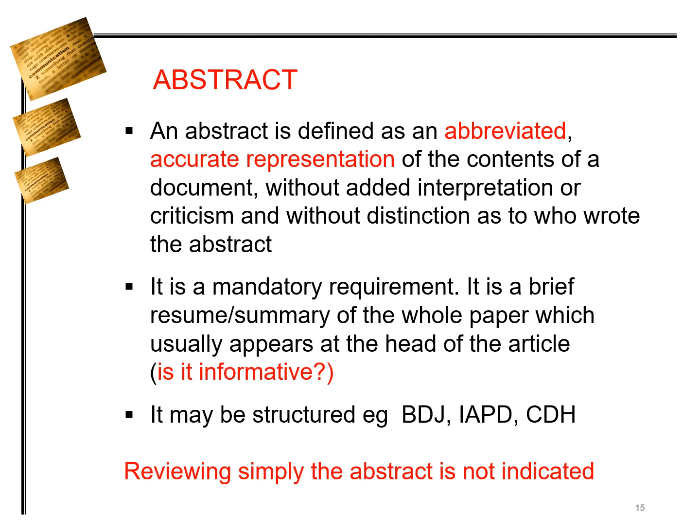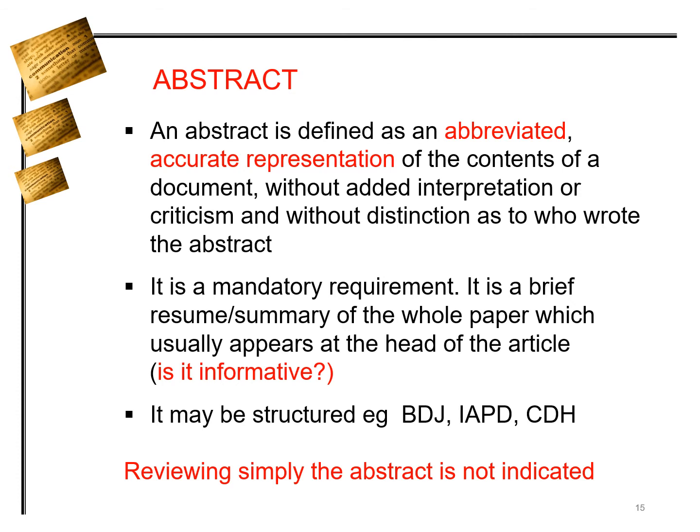Now, what is an abstract? An abstract is a brief summary of the whole paper, and it usually appears at the head of the article. When reading the abstract, we should ask ourselves whether the abstract is informative or not. Whether it is structured.